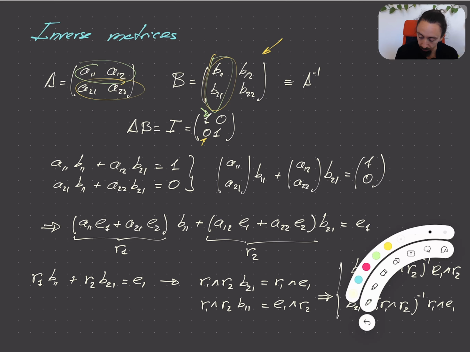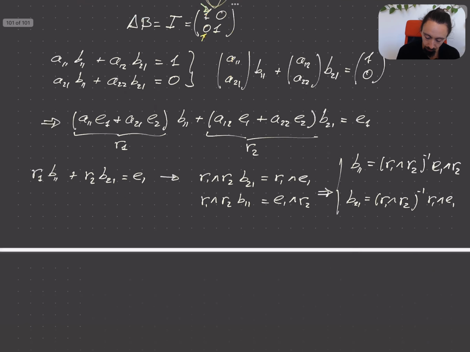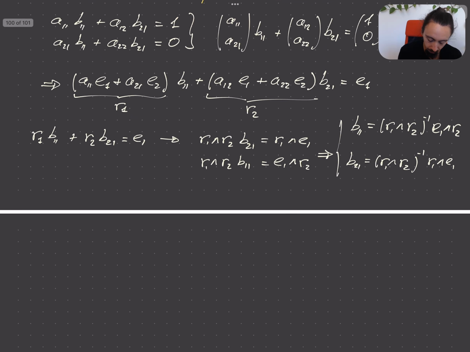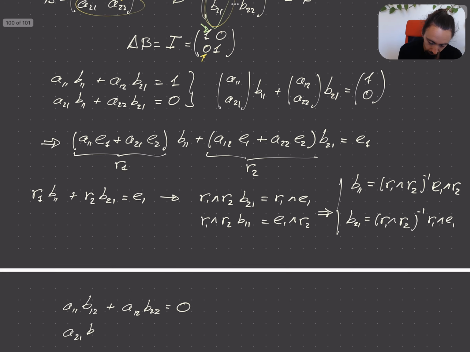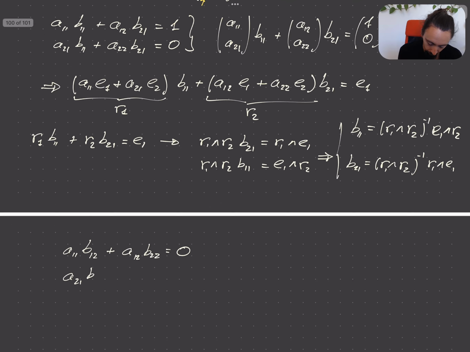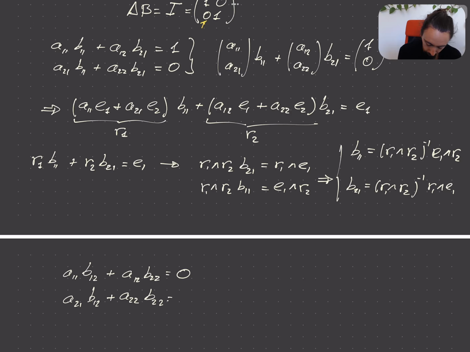And we can repeat the same strategy for the first row with the second column, which will be A11 B12 plus A12 B22, and this equals 0, and A21 B12 plus A22 B22 equals 1.